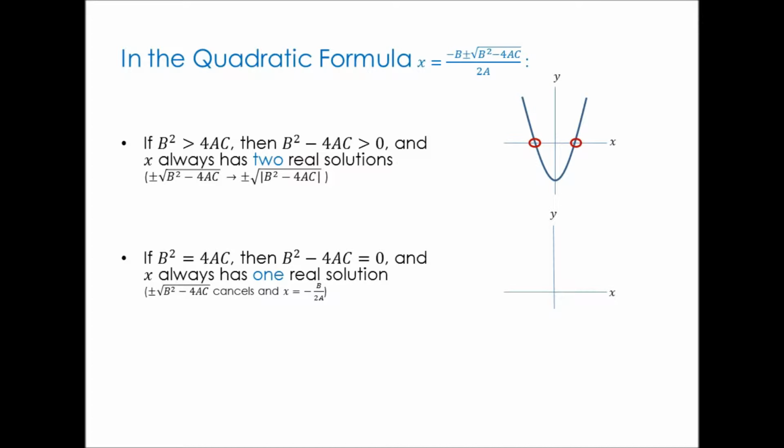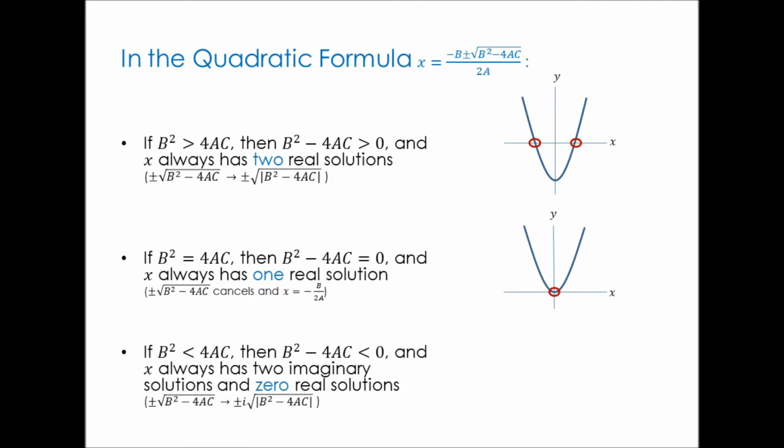In the graph, the vertex is right at the x-axis, and we have exactly one x-intercept, which is the vertex. And just as a check, you know that the x-coordinate of the vertex of a parabola is always negative b over 2a. And note also that the x-intercept here is negative b over 2a, implying that the x-intercept is our vertex, consistent with our graph.